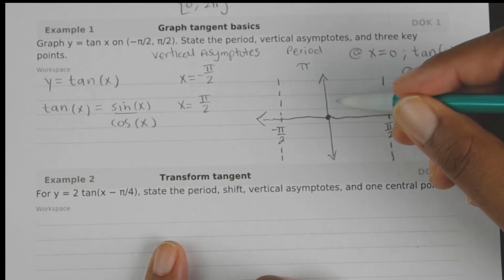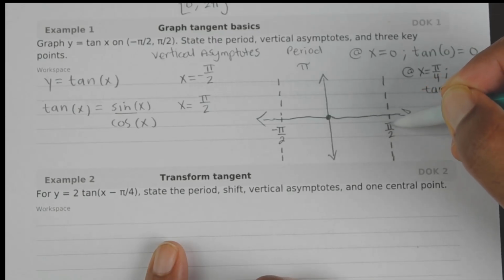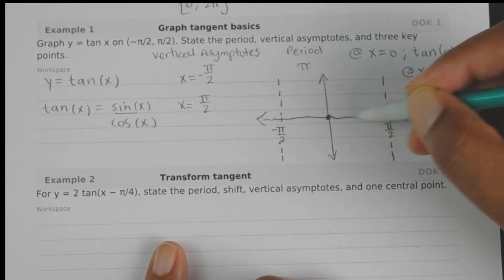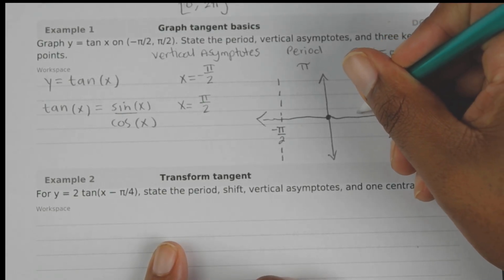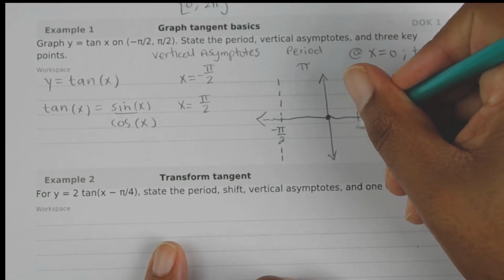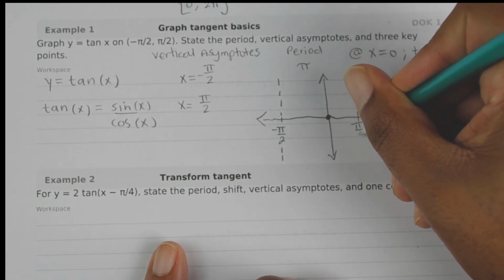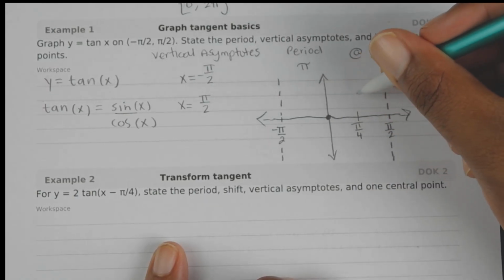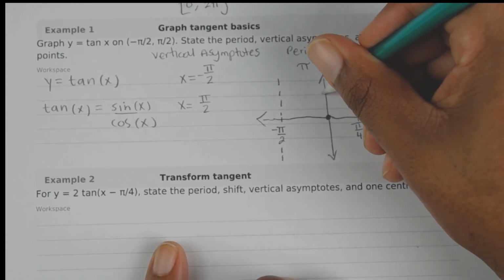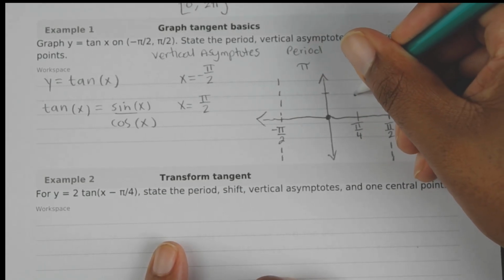Okay. So the tan at pi over 4, remember this is a half, so a fourth of the way would be here. So this would be pi over 4. And then the output would be 1. So that would be here. Okay.